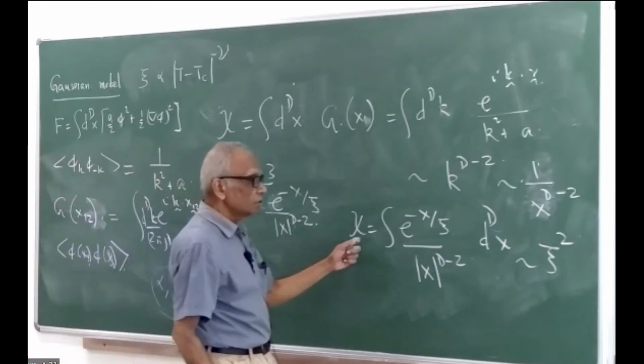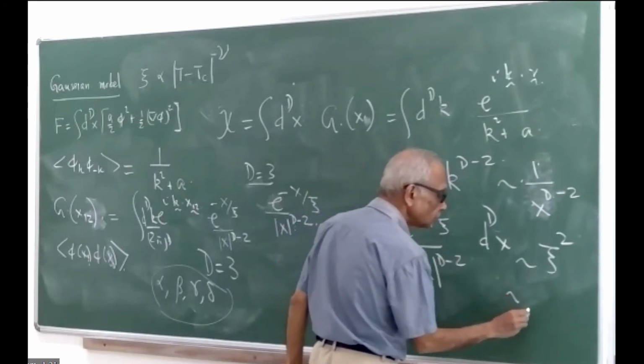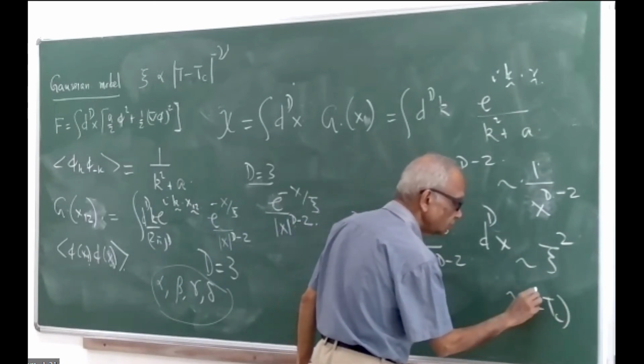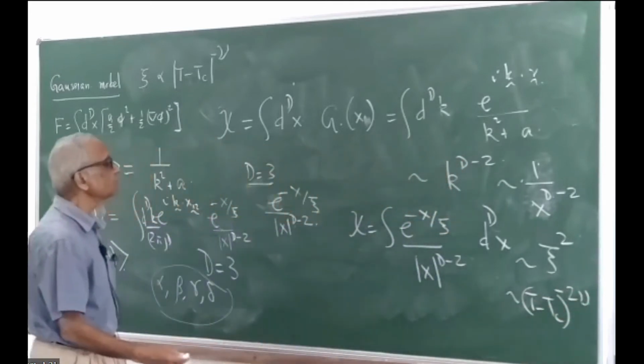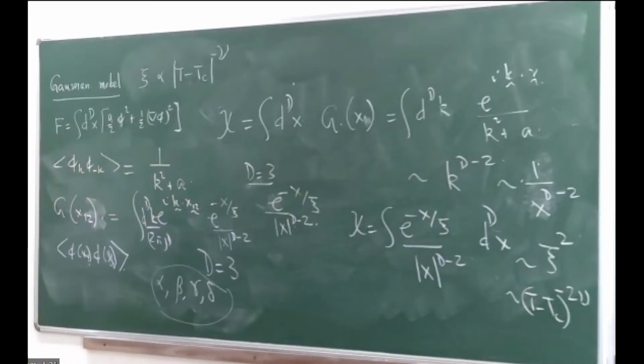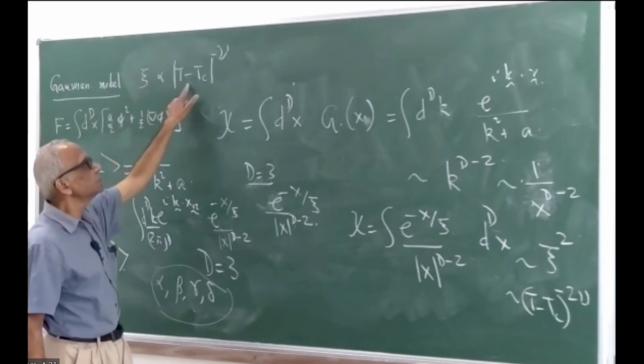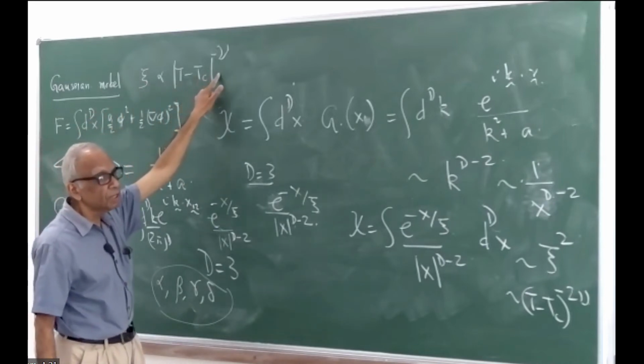Which means that this is proportional to t minus tc to the power minus 2 nu. I have just introduced the exponent nu by saying that xi goes as t minus tc to the power minus nu.